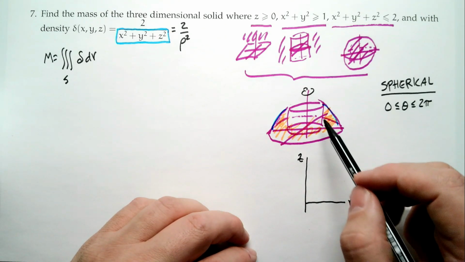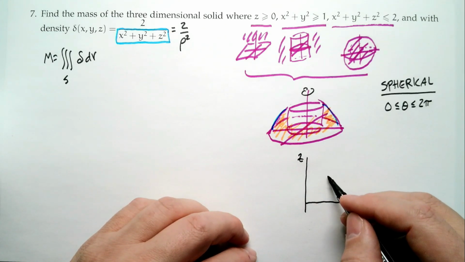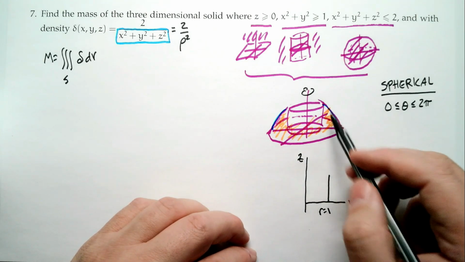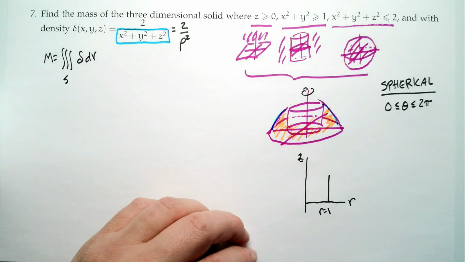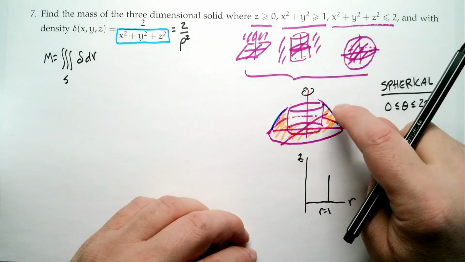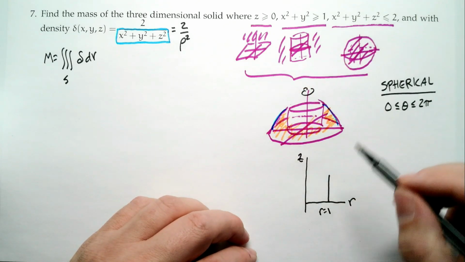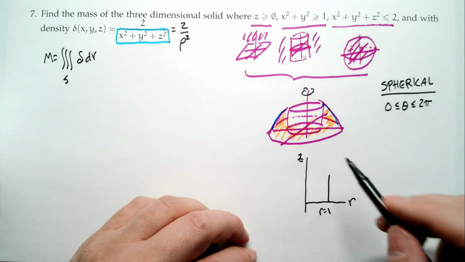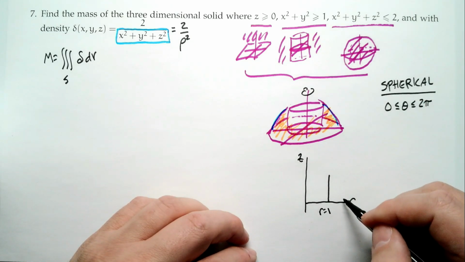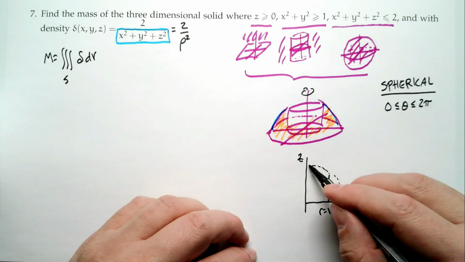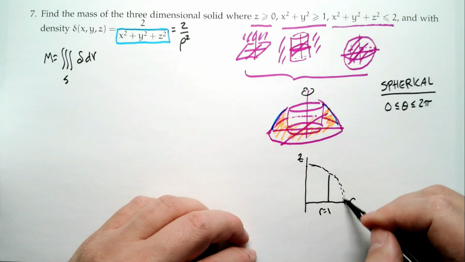This cylinder is going to show up at r equals 1. That's our cylinder of 1. When you spin this around, that forms your cylinder. The sphere becomes a circle, and notice it's a circle of radius root 2. So something roughly like that.